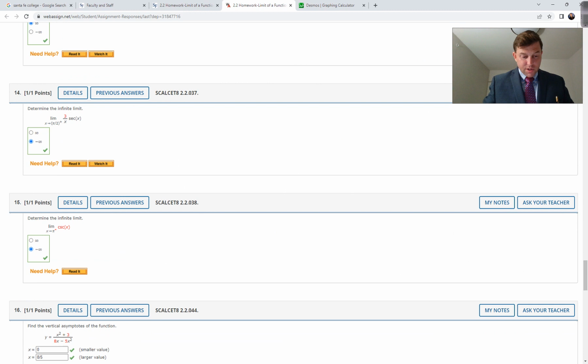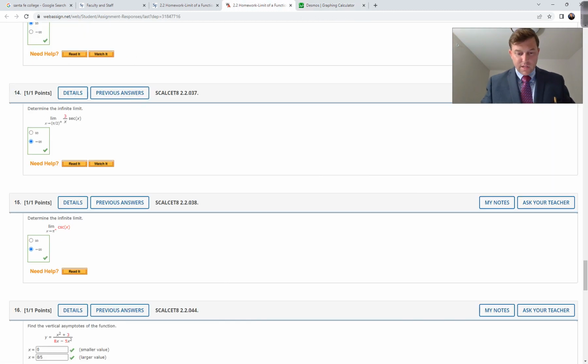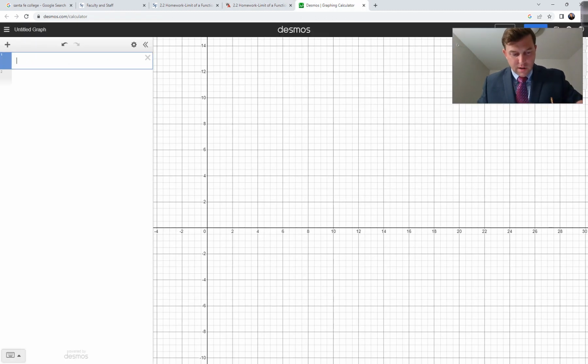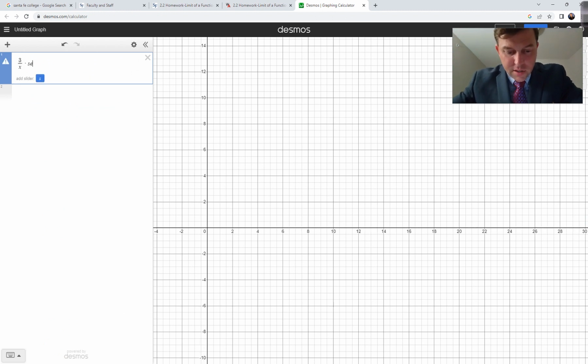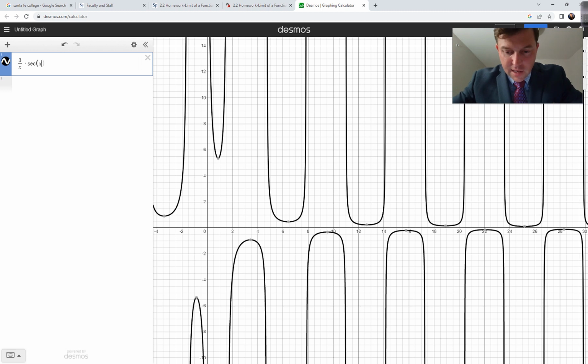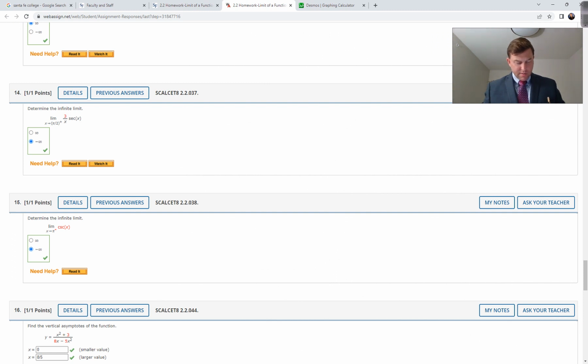Okay, for 14, 3 over x, secant x, perfect for decimals because it can handle trig functions so easily. So I would say 3 divided by x times, you can just type secant of x, parentheses, and there you have it. Now this one is approaching pi over 2 from the right.